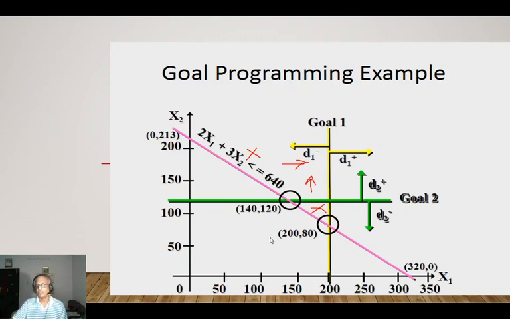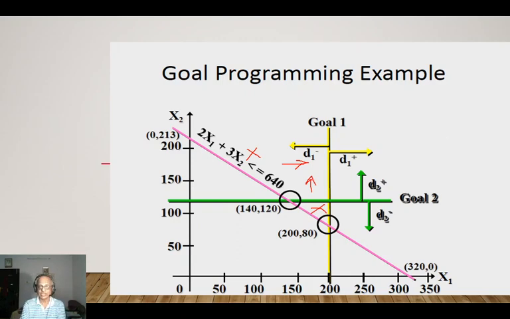And if you want to satisfy all these 3 conditions, you get 2 points here and here. So 140, 120 is one point and 280 is another point. So we have 2 optimum points.